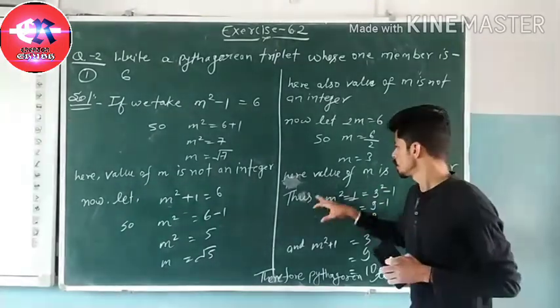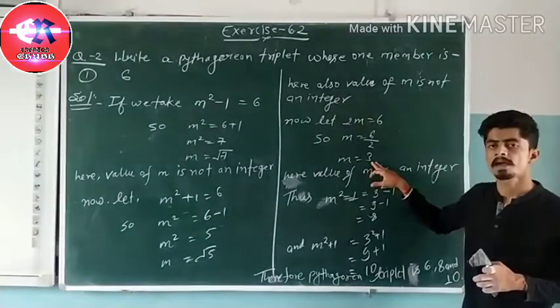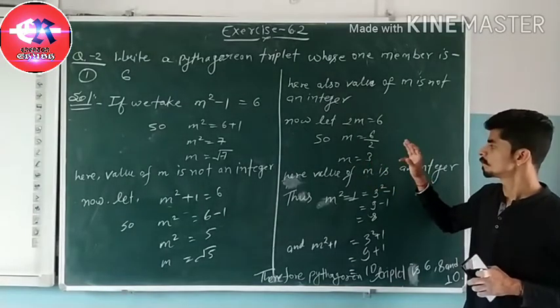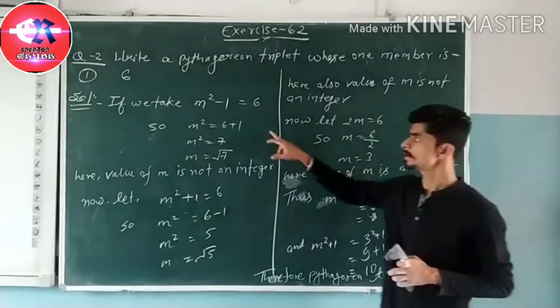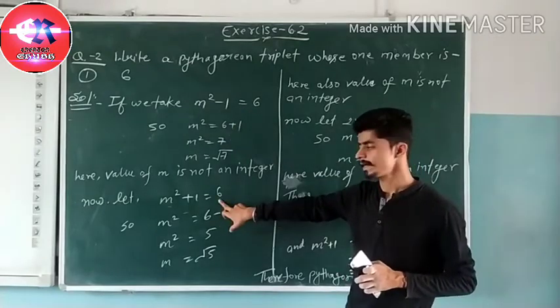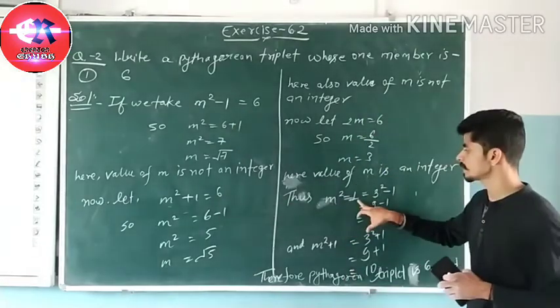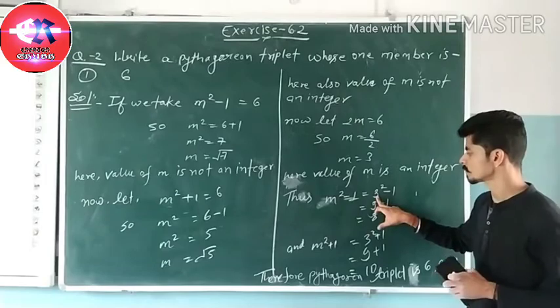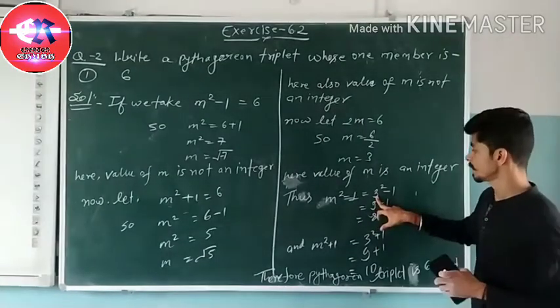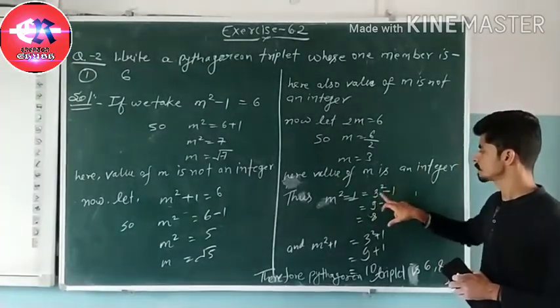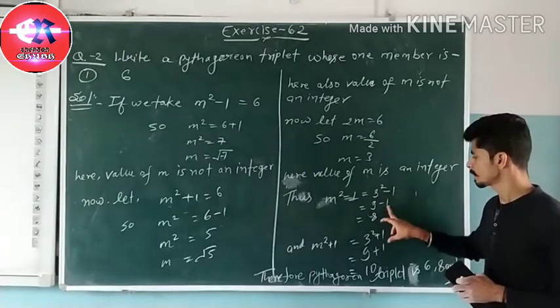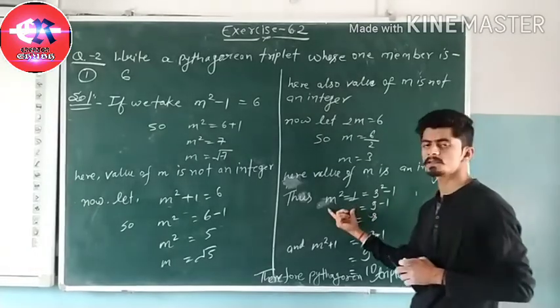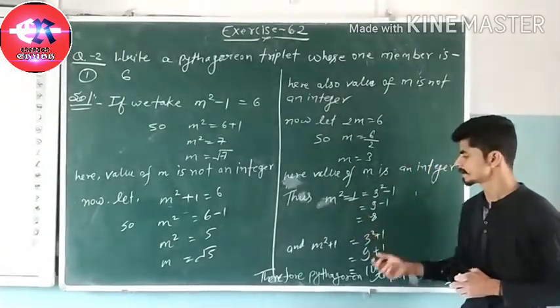So when we get the value of m, we have to put the value in m square minus 1 and m square plus 1. So m square minus 1, where the value of m is 3, we put 3 square minus 1. 3 square is equal to 9, minus 1, is equal to 8. So the value of m square minus 1 is 8.